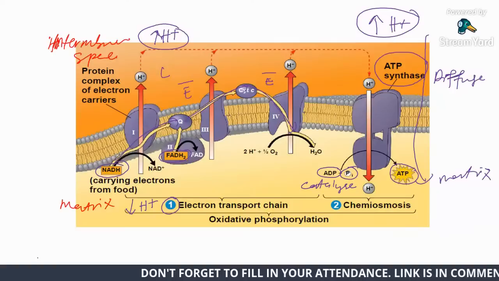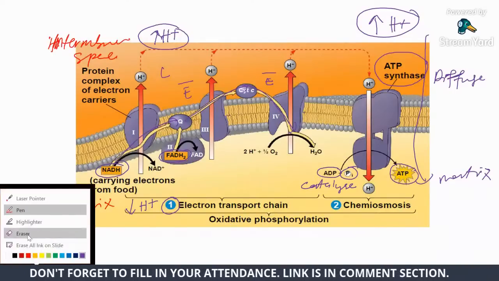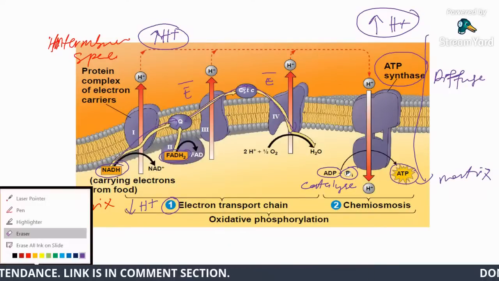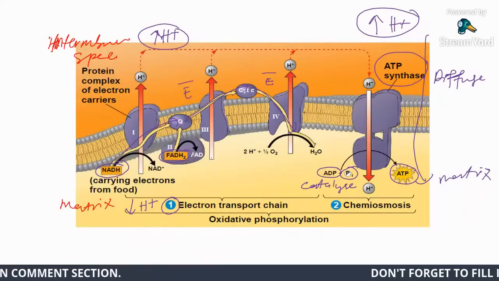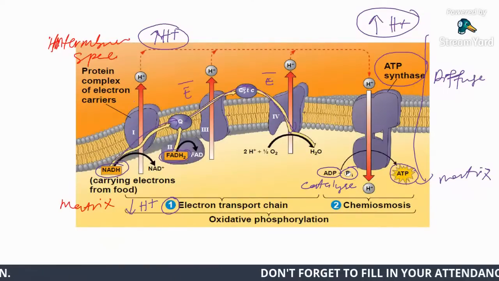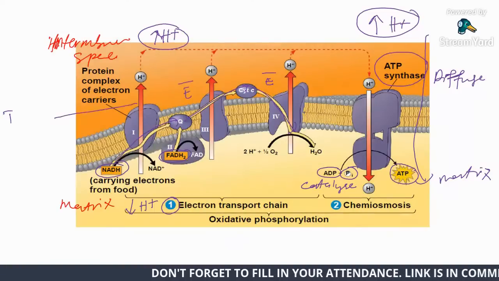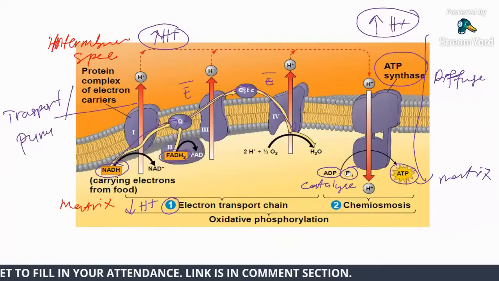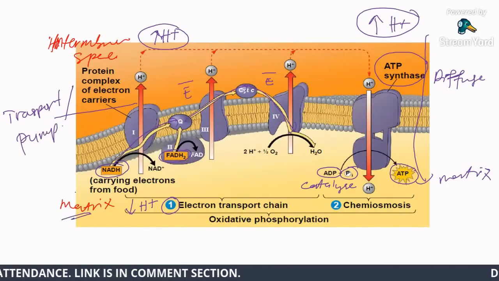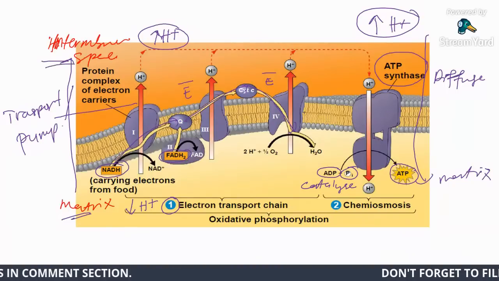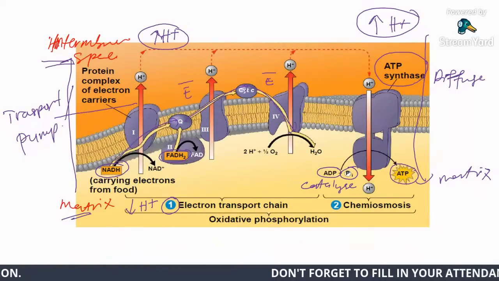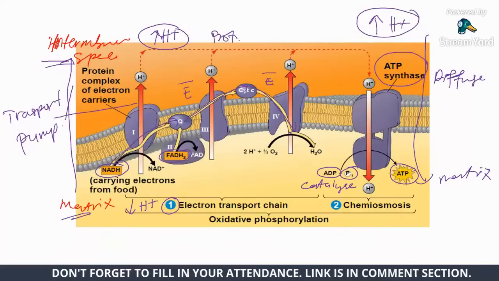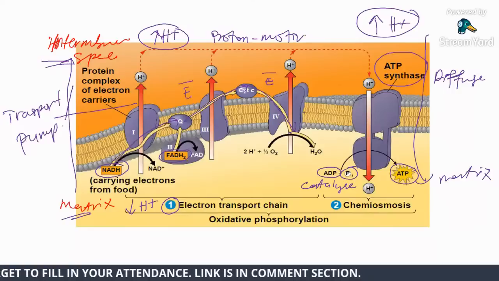The energy released is used to transport H+, we call it transport, not diffuse. It will be used to transport H+, or we say pump H+, from the matrix to the intermembrane space. Right? So this will create the proton motive force.